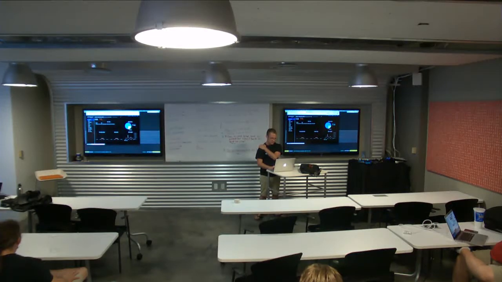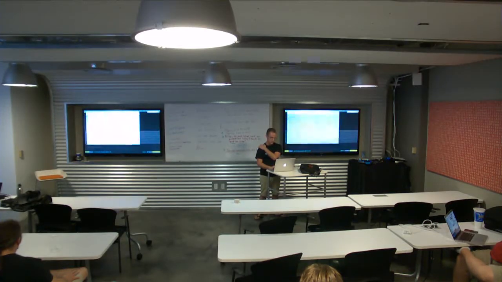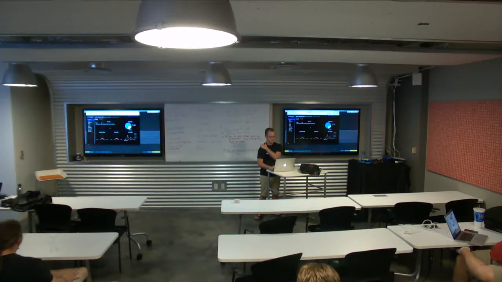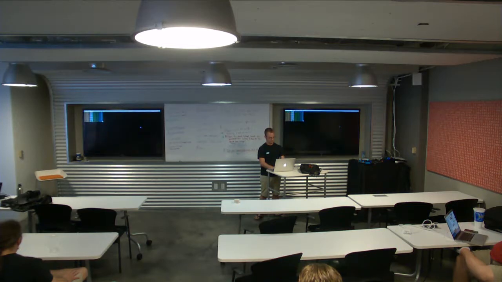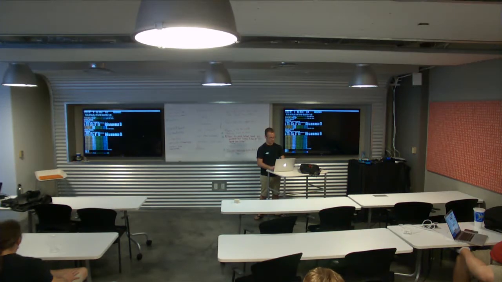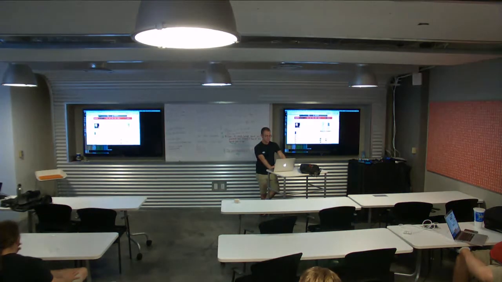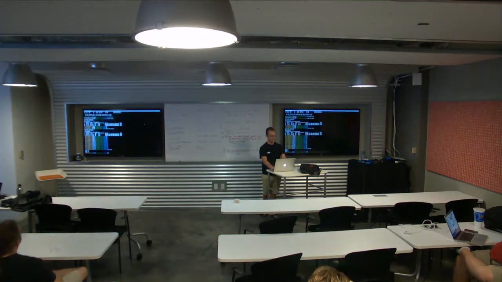This is OpsCenter, and it says all my nodes are down. I don't know why it says that. But anyway, this is Last.fm if you haven't seen it. This is what we're going to try and imitate.